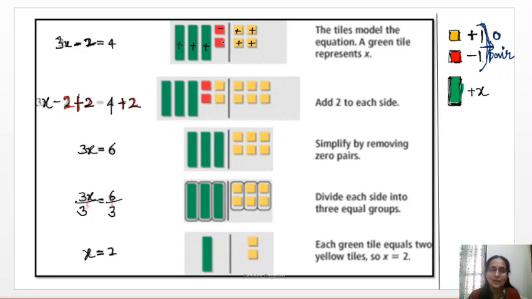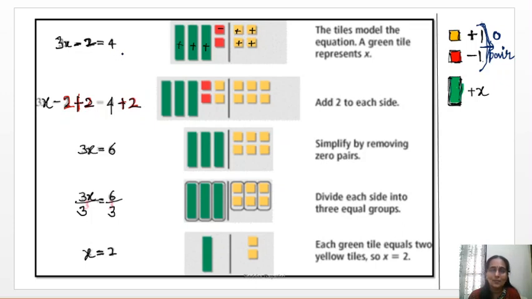Just keep minus 1, minus 1. A red square represents minus 1. Two squares are here, it represents minus 2. The vertical line represents the equal sign. On the right side of the equation, there are 4 squares. It represents the number 4.